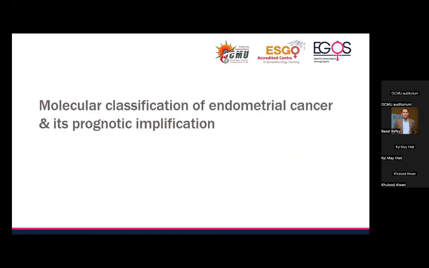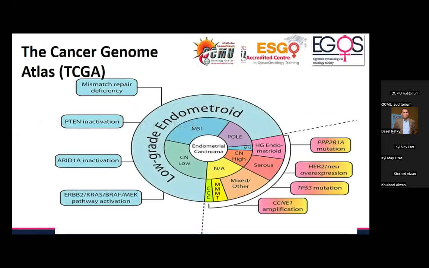This is the recent classification of endometrial cancer, depending on molecular subtyping, and it has a prognostic effect. The Cancer Genome Atlas, an atlas for all cancers, classified endometrial cancer into many subtypes according to gene mutation.